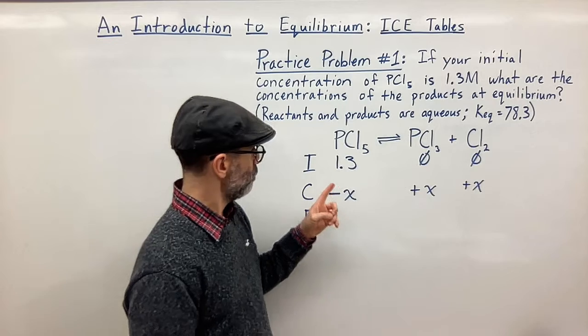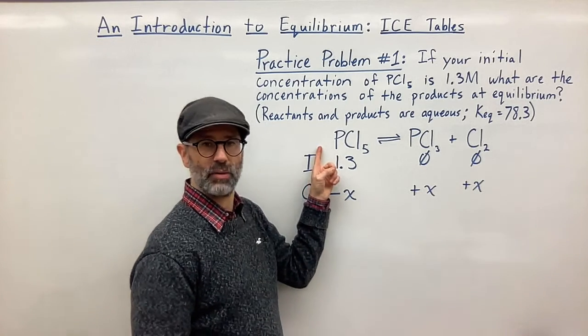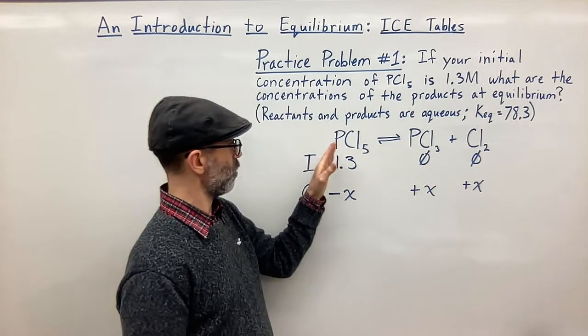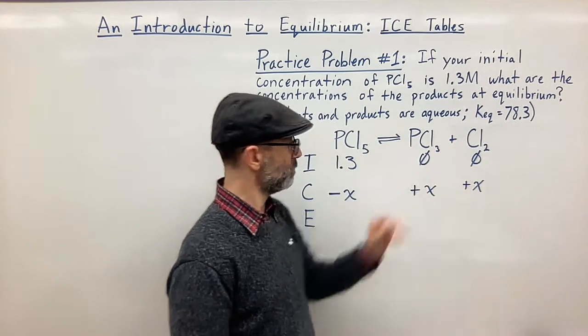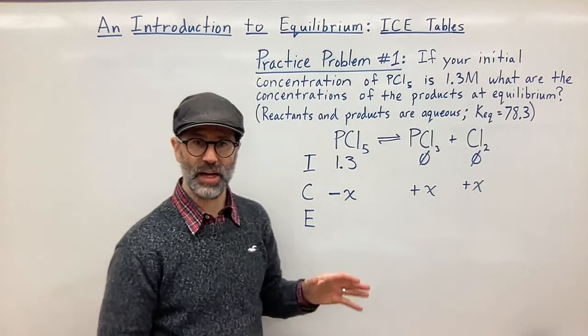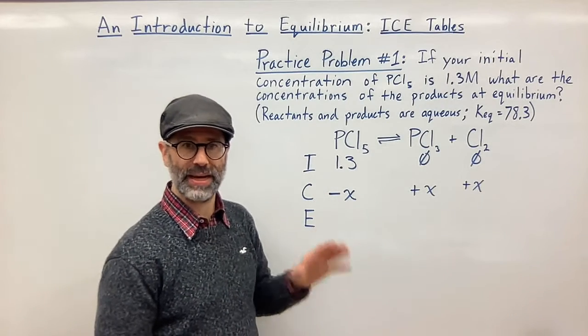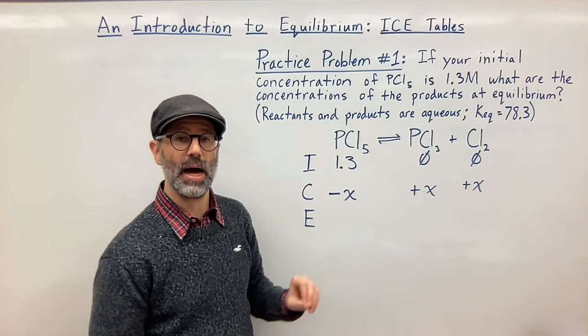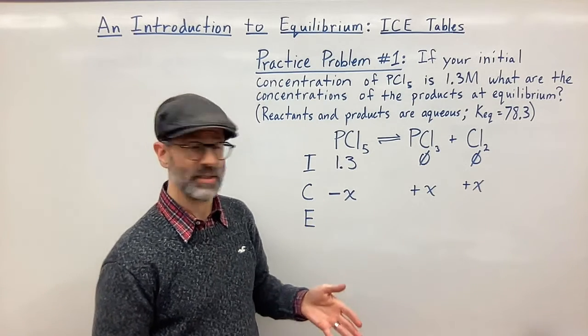But also, notice that the balanced equation I have here is 1 to 1 to 1. The mole ratios are 1 to 1 to 1. Your X values must also be in that mole ratio. So you have to use the stoichiometric amounts for your X's.